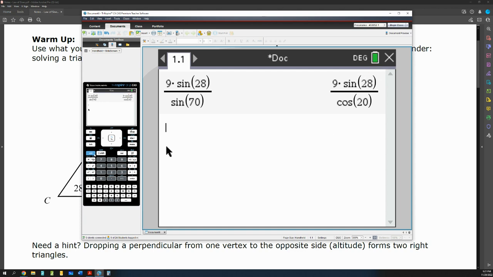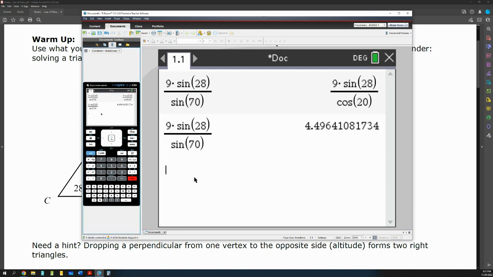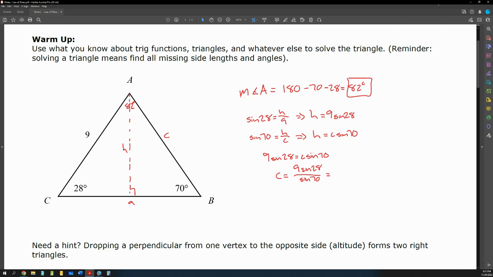The Inspire here gave me an exact answer, so we'll hit Control and Enter to get a decimal approximation. We get side length c is about 4.496 units. So that's another quantity that we can solve for. So all that's left is side length a.